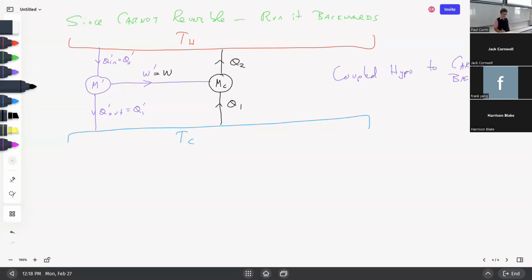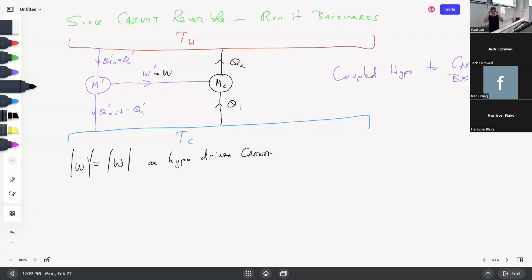So I have W dashed is equal to W, as hypo drives Carnot. Okay, so that's the system I need to analyze. This coupled system where the hypothetical engine is running the Carnot one.